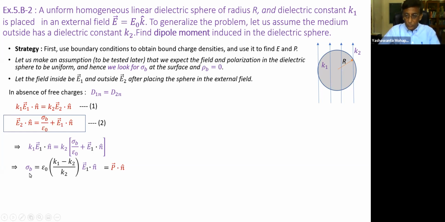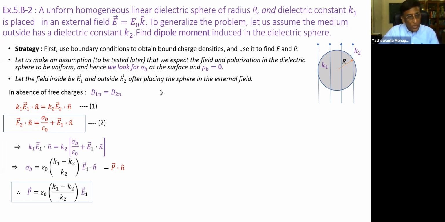But sigma b, we know, must be equal to P dot n, and hence I know what P is. Sigma b is equal to P dot n, and I have already obtained sigma b in terms of E1 dot n using boundary conditions, and hence I know P. P must be this quantity depending on E1. So I write down my P as epsilon naught times K1 minus K2 by K2 times E1.